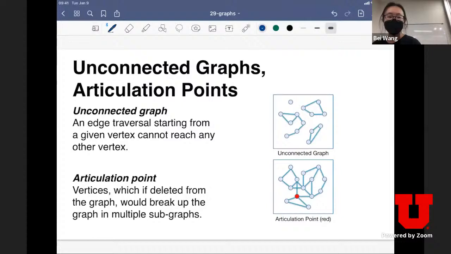A disconnected graph is one where, if I start with a particular node, for example here, I cannot reach all the other vertices. From here I can reach all those vertices, but I cannot reach the vertices there because the graph is disconnected, so it has multiple components. The connected graph is the opposite, where from any starting node you can reach any other node. That's why the graph is connected.